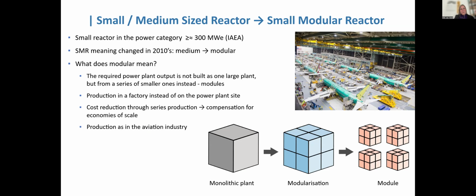But if you don't use it anymore, you have to replace it with something. And that means that you have to produce them in multiples, like a series. That's a compensation. So as an example, the aviation industry, as the picture on the right shows. There's a big hall with multiple airplanes in production.